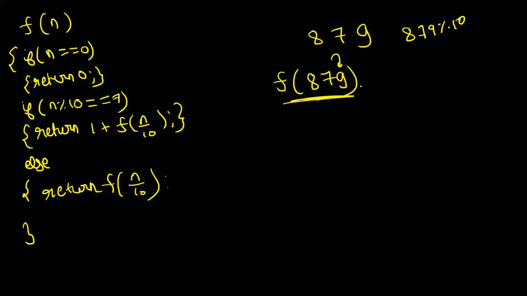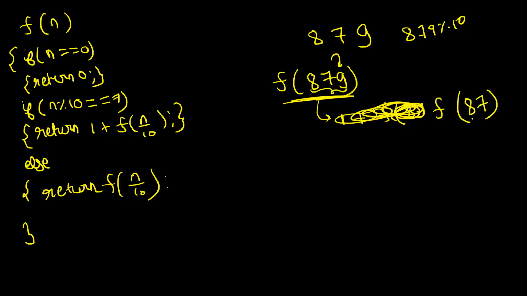The answer to f of 879, what is the answer to this? What is n by 10? 87. Sorry, you will enter the else part. See, this last digit is not 7. So I enter inside the else part and I say the total number of sevens in 879 is nothing but the total number of sevens in n by 10, that is 87. And am I saying it correctly?